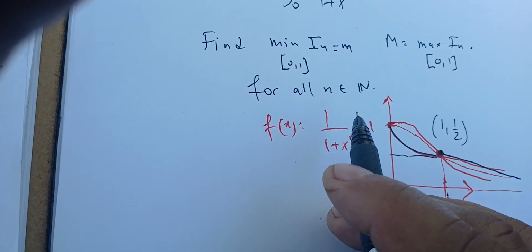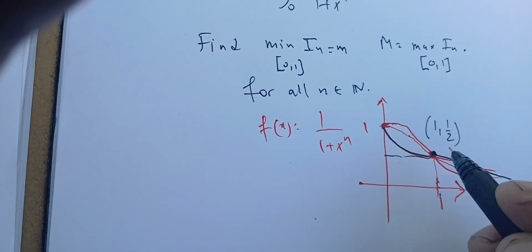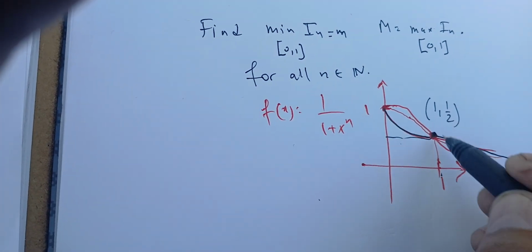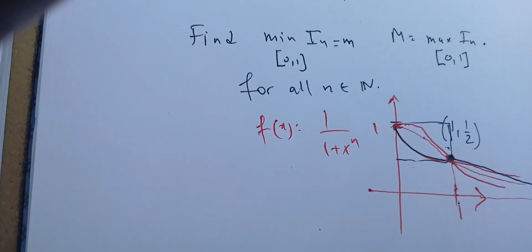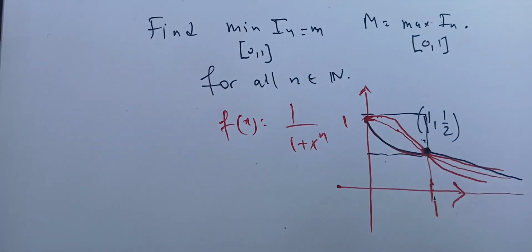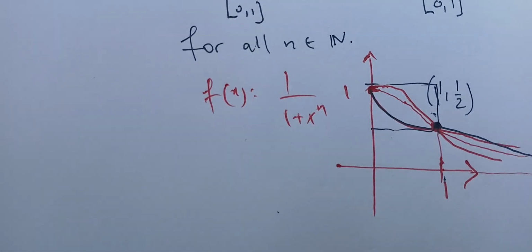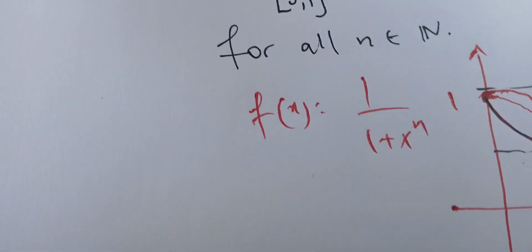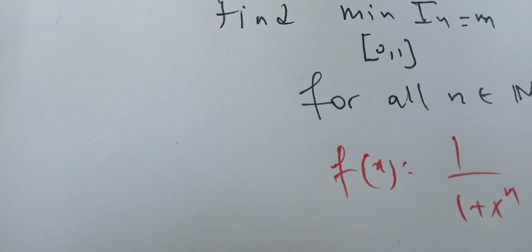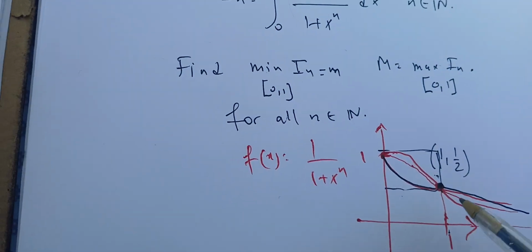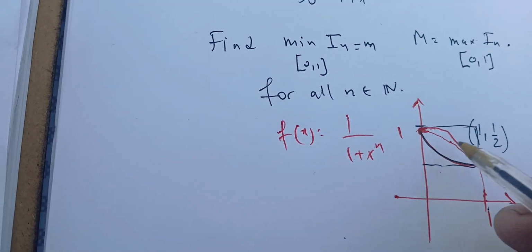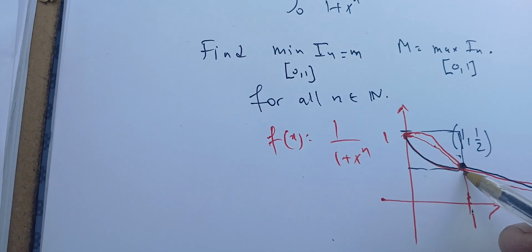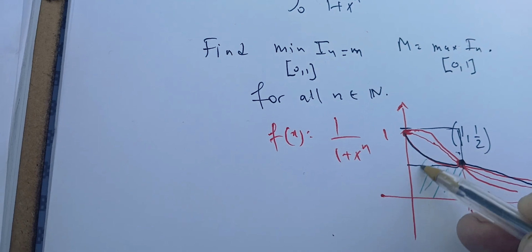Therefore, if we integrate between 0 and 1, we can find graphically the bounds that we need. Let's focus on this function here. The integral is the area in green.